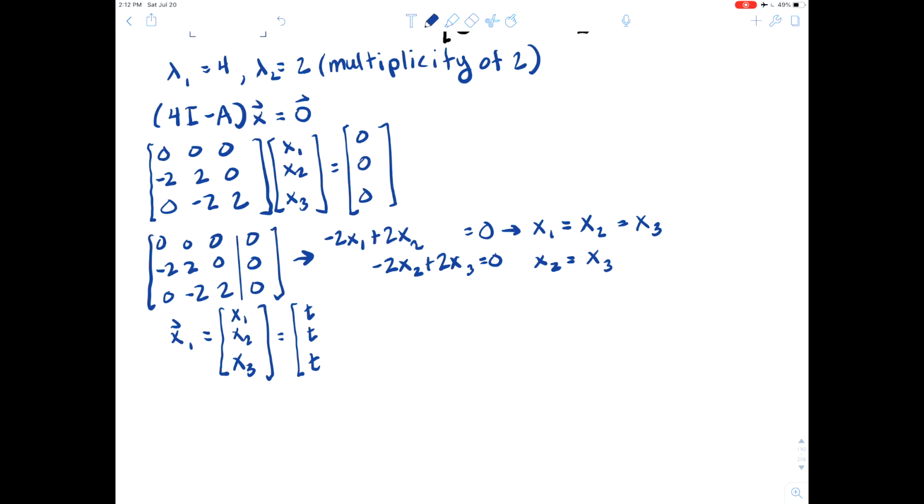If we factor out that t, we would have 1, 1, and 1. So I basically let x3 equal t. All right?